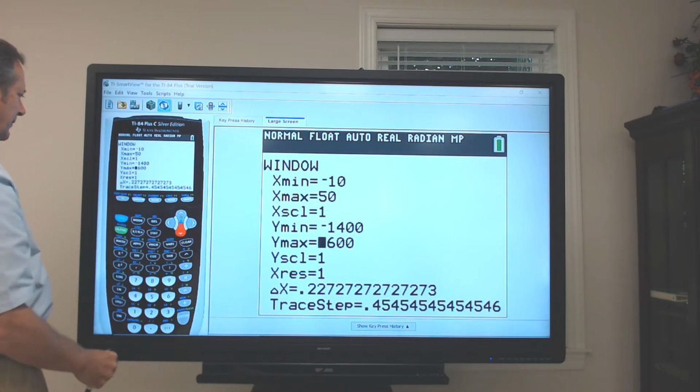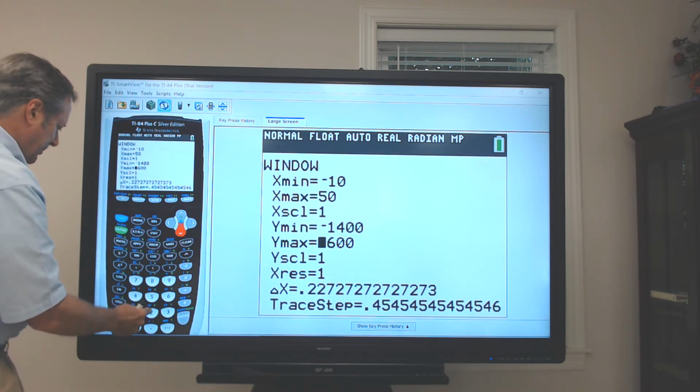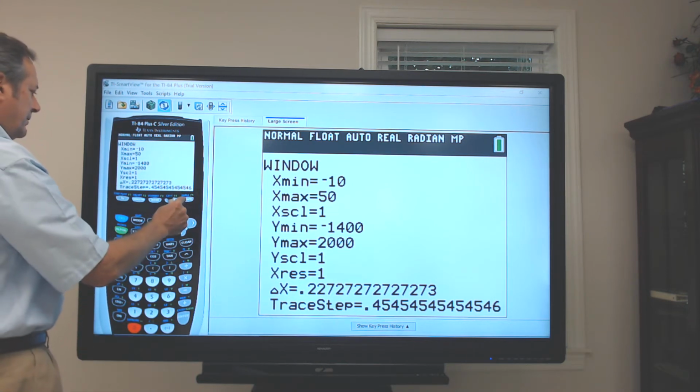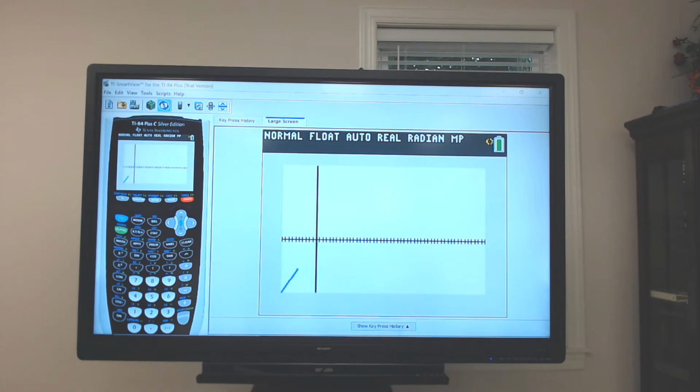Oh, it's already at 1600. That's not going to be enough, so let's make that 2000. All right, now hit graph. Let's take a look and see if we can see our parabola. We can see it, but man alive.